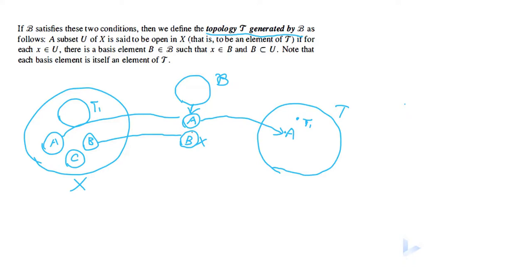But how can we do that? How can we use this basis to judge if a set is open or not? Here it describes how we can do that. So the process is like that. For a subset U of X, maybe here we have a U like this.